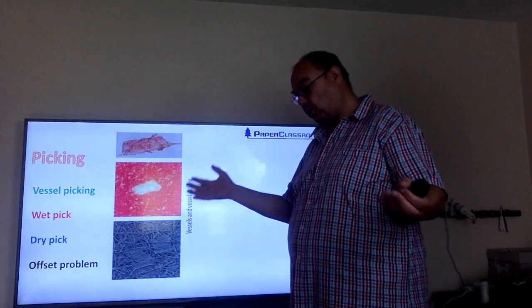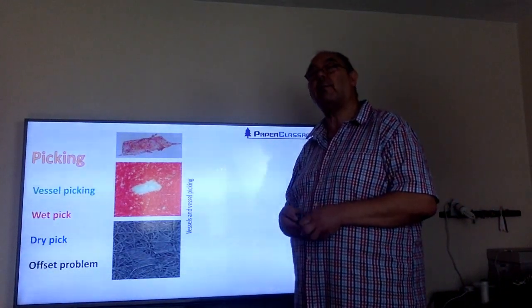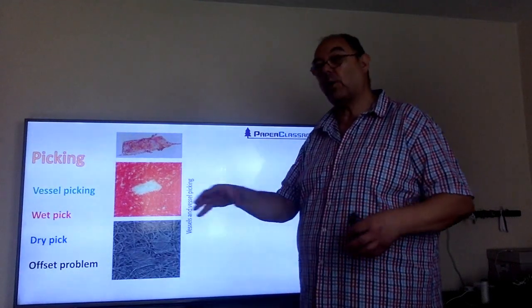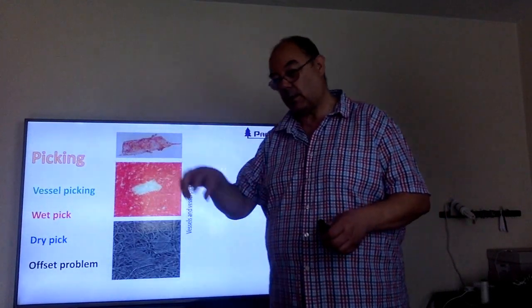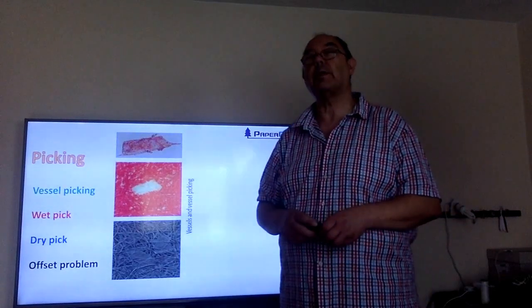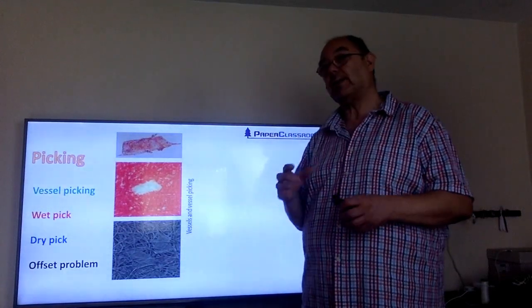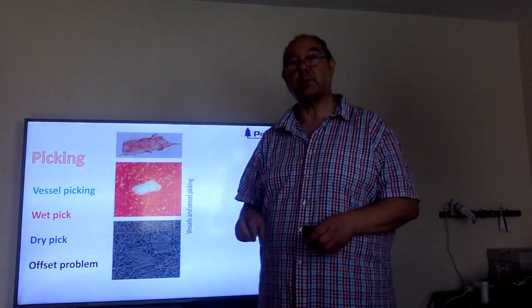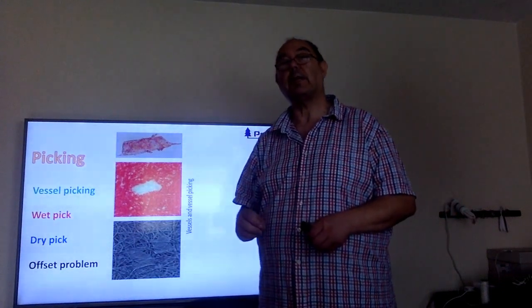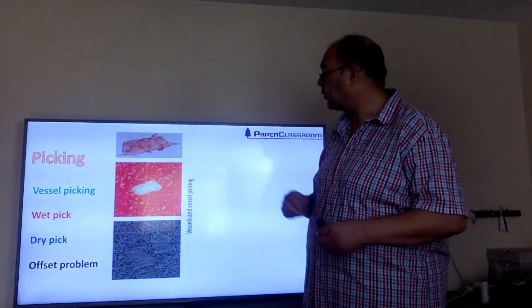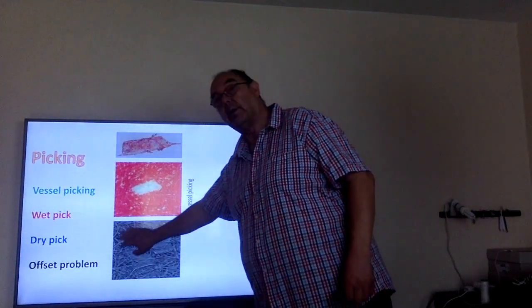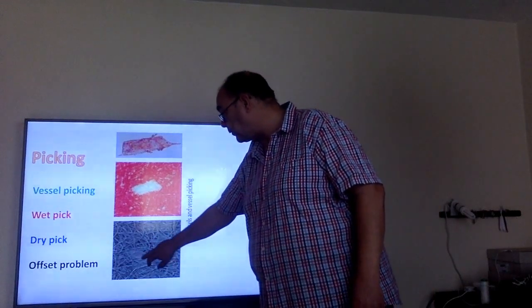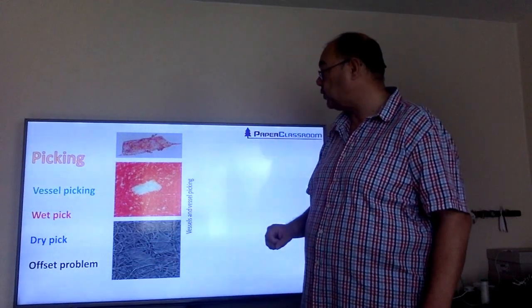If you go back to your knowledge of fibres, we talked about softwood fibres being long and wide with little holes like windows in the surface of the fibre, and we said hardwoods, short and narrow, always accompanied by vessel cells. Well, those vessel cells have no bonding ability like cellulose does. So there's an example of the surface of a sheet, and you can see some of those vessel cells sitting there on the surface of the sheet.